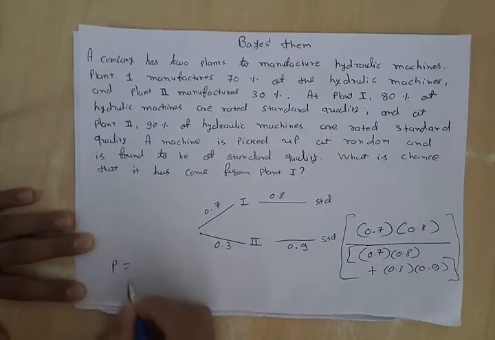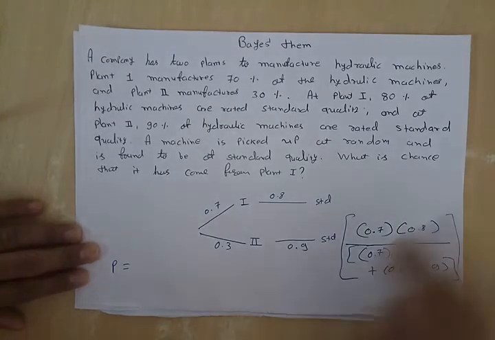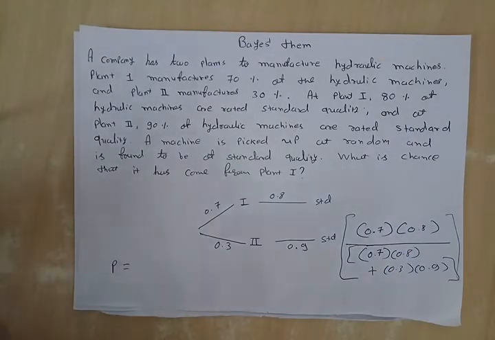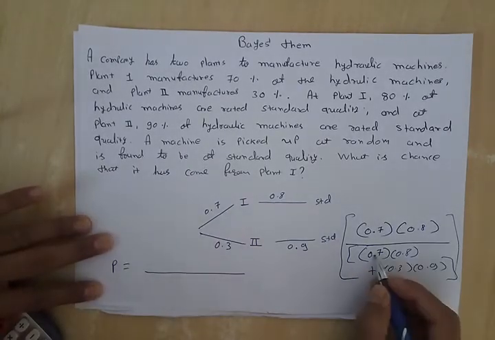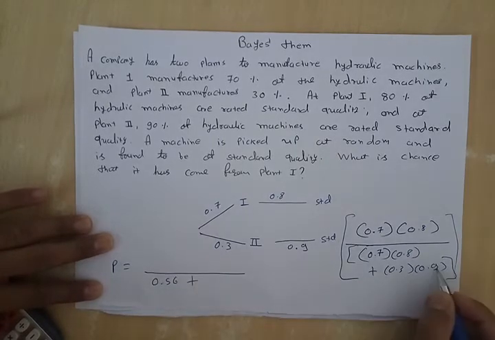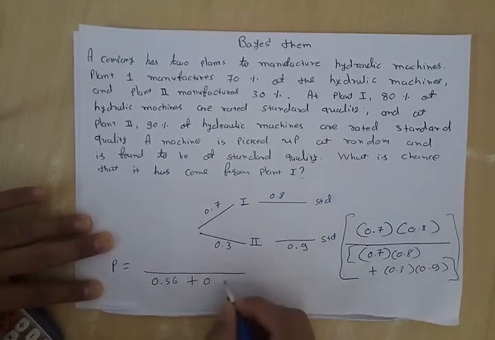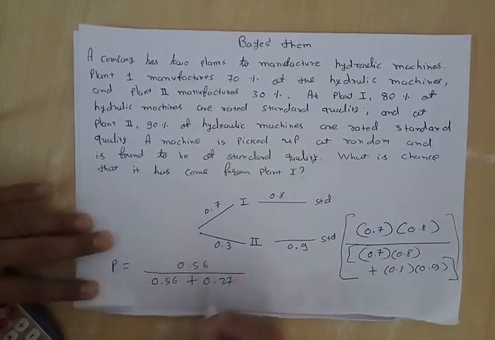So we just have to calculate this here. 0.7 times 0.8 is 0.56, and 0.3 times 0.9 is 0.27, and in the numerator it is 0.56.